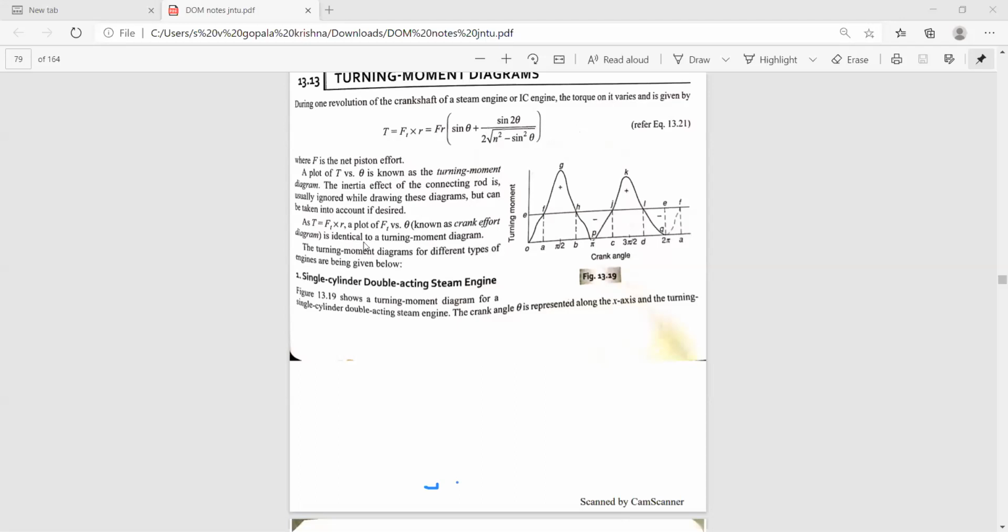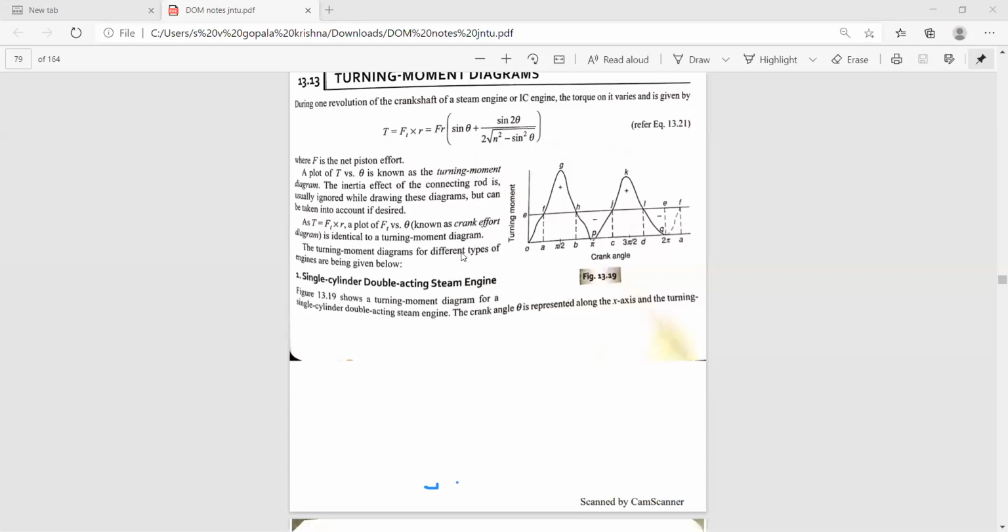Now, another one is when we plot Ft versus theta, the tangential force versus the crank angle. That is known as the crank effort diagram. It is identical to the turning moment diagram.